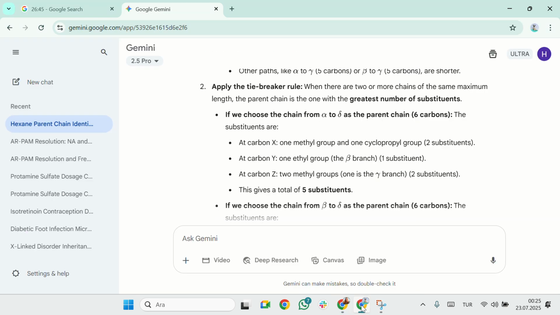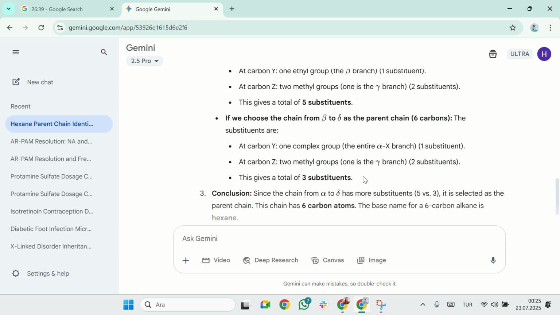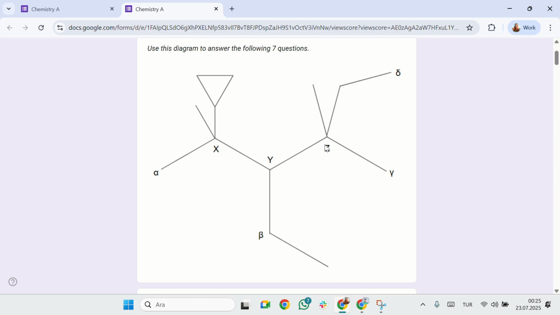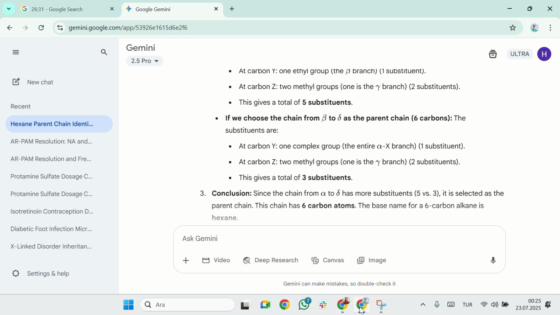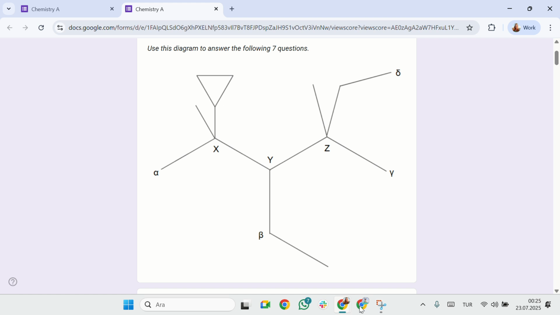Okay, 2 substituents. At Z, 2, this gives 5, and B to delta gives B, this here gives what? Y has a complex group, the entire alpha x branch.